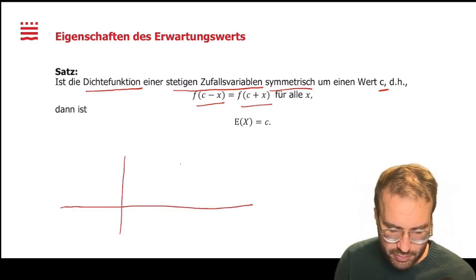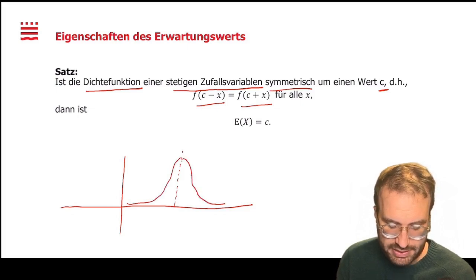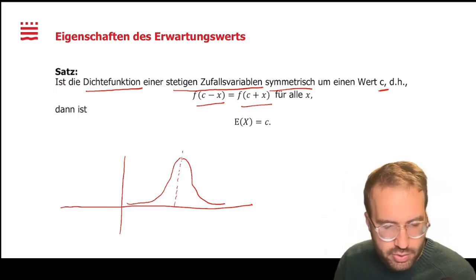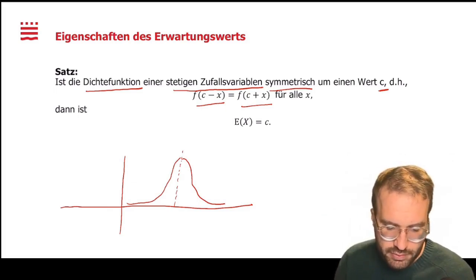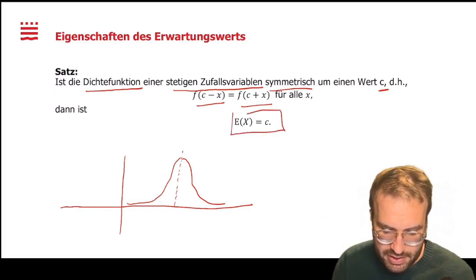That means if we plot this, there is somewhere a line of symmetry. And around this line of symmetry, the whole thing is symmetric. Imagine, we will get to know this again, a normal distribution. Then we can easily read the expected value, namely, it is simply this value c.